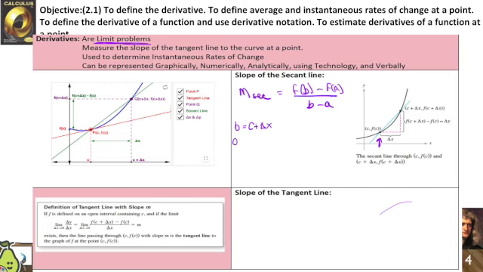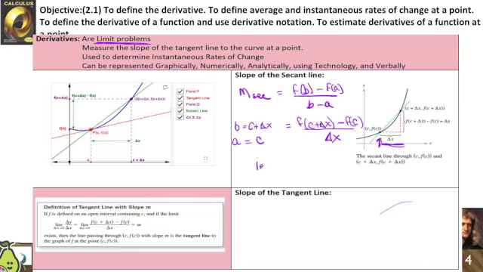We're also going to let a equal that value of c. Rewriting the slope of the secant line gives us f at c plus delta x minus f at c, all divided by, now think about b minus a, it is now delta x.